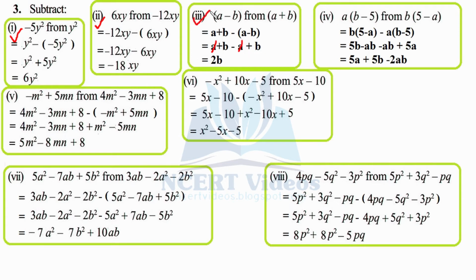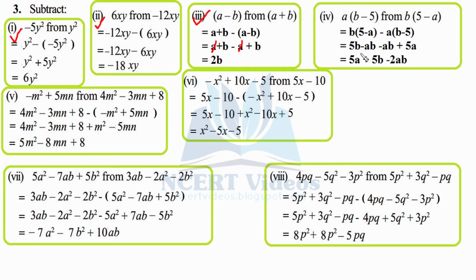They are added up. Now fourth part, from part first, minus because we are subtracting, again this thing here, you could have written it in bracket. 5b minus ab, ba or ab, it doesn't make a difference because it is multiplication, minus ab minus minus is plus 5a.